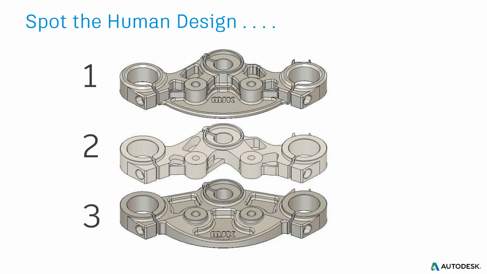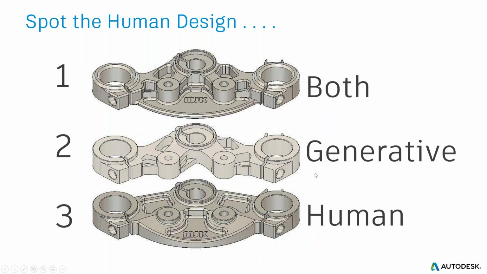So this is interesting because one of these three triple clamp of a motorcycle, just one of them was completely designed with generative design, and probably from the idea that most people have about generative design is the one that maybe less people can imagine, because it is the one in the middle, while the first one was a mix of generative and human design, and the third one was a human design.